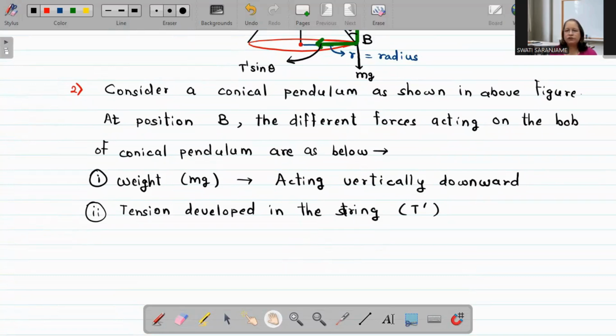This force acts along the string towards the fixed support.